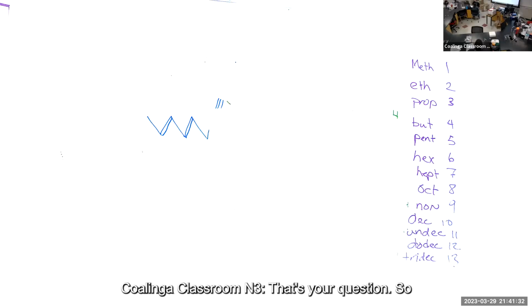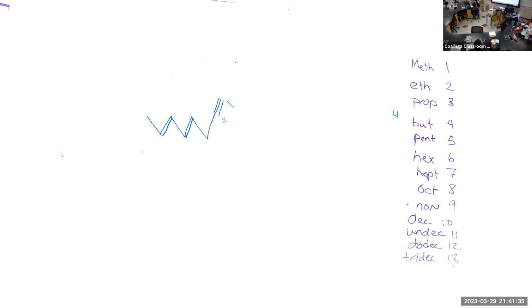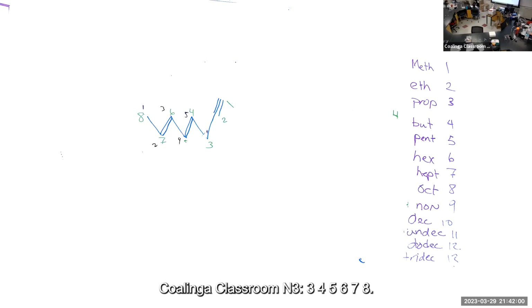So 1, 2, 3, 4, 5, 6, 7, 8. If I start counting from the other side, 1, 2, 3, 4, 5, 6, 7, 8.